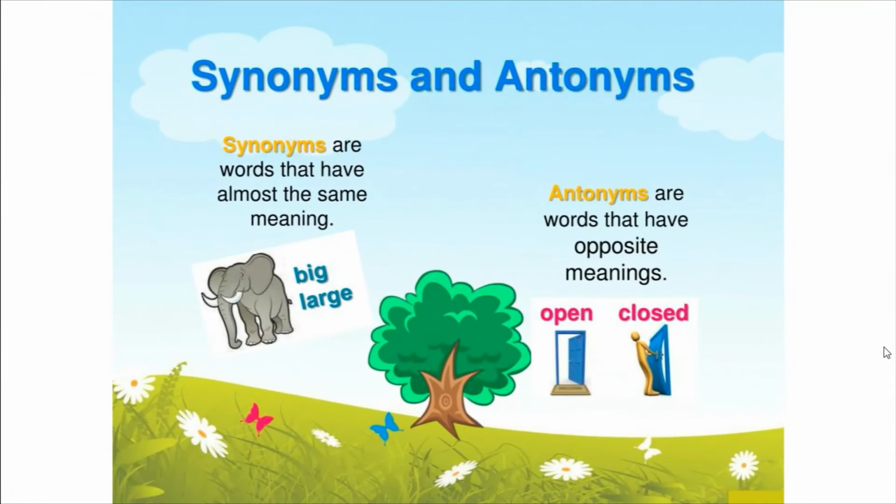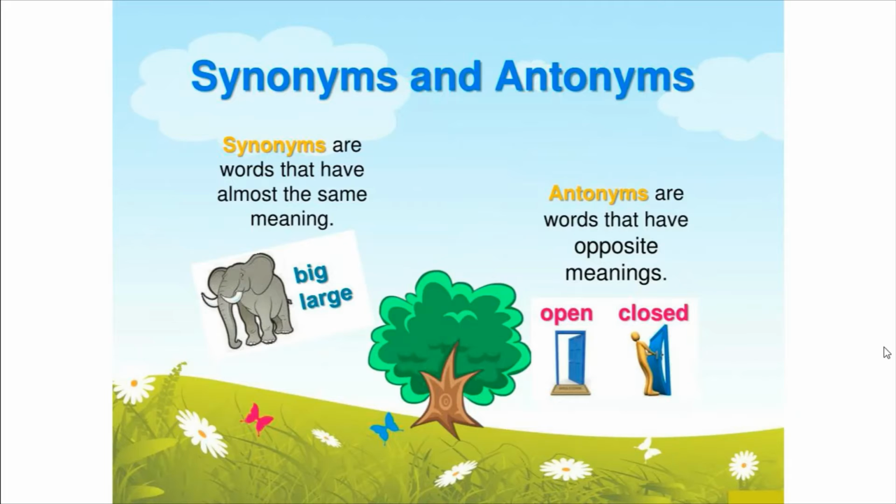Another thing that we're going to be looking at are synonyms and antonyms. I'm going to stop this for a second because we saw this a while back, during our first semester. I think we saw it in quarter 1, and also in quarter 2, and we have continued to mention them here and there. But I just want to remind you that synonyms are words that have almost the same meaning.